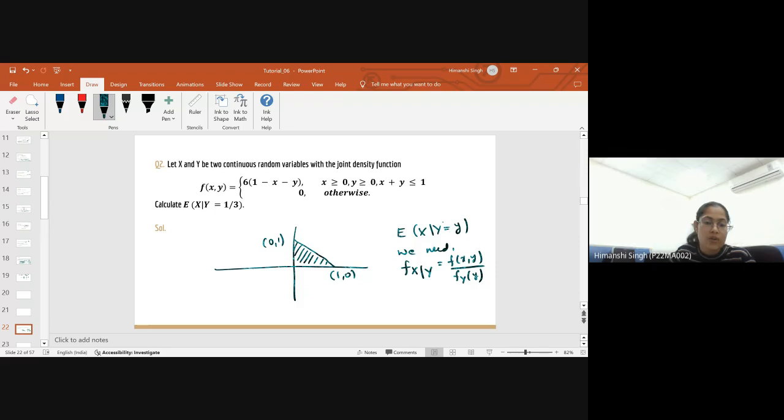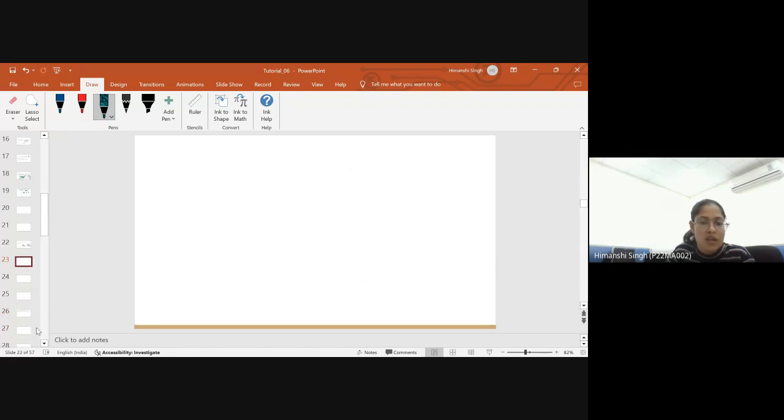So we will first calculate the marginal density of y, that is f_Y(y), which is the integration of the joint density with respect to the random variable x.